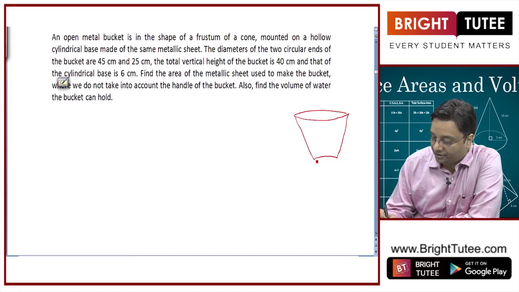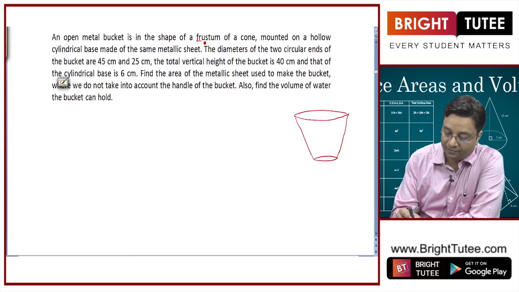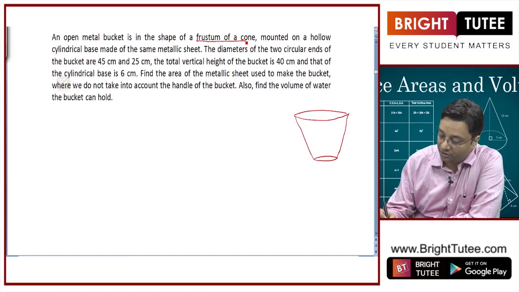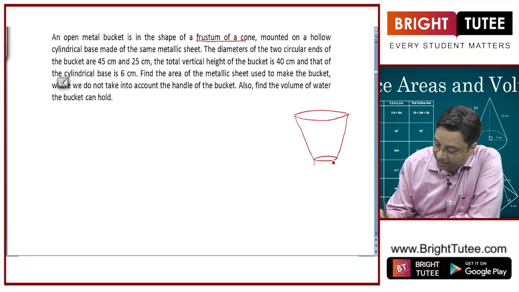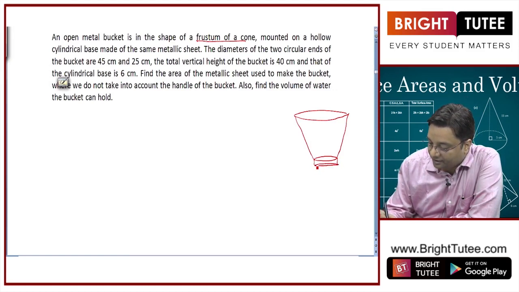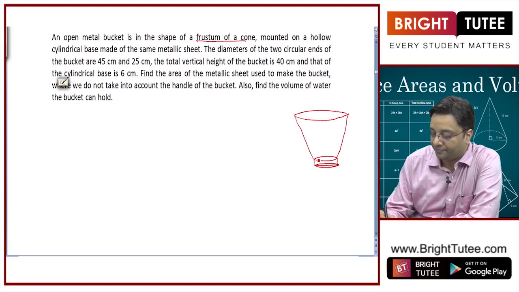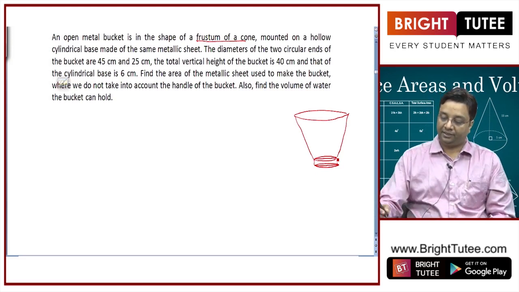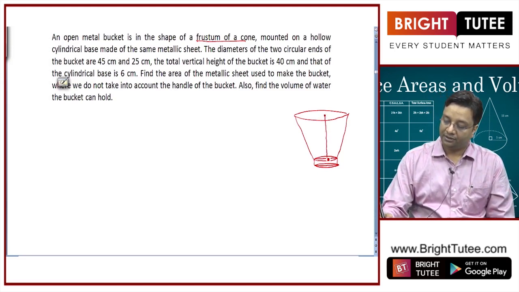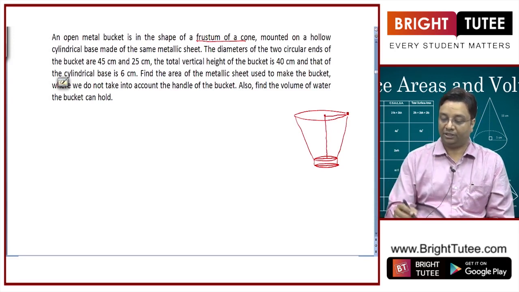So there is this frustum, right? It is mounted on a hollow cylindrical base. So this base will be like this. This is a cylindrical base, right? So this is the bucket in question.